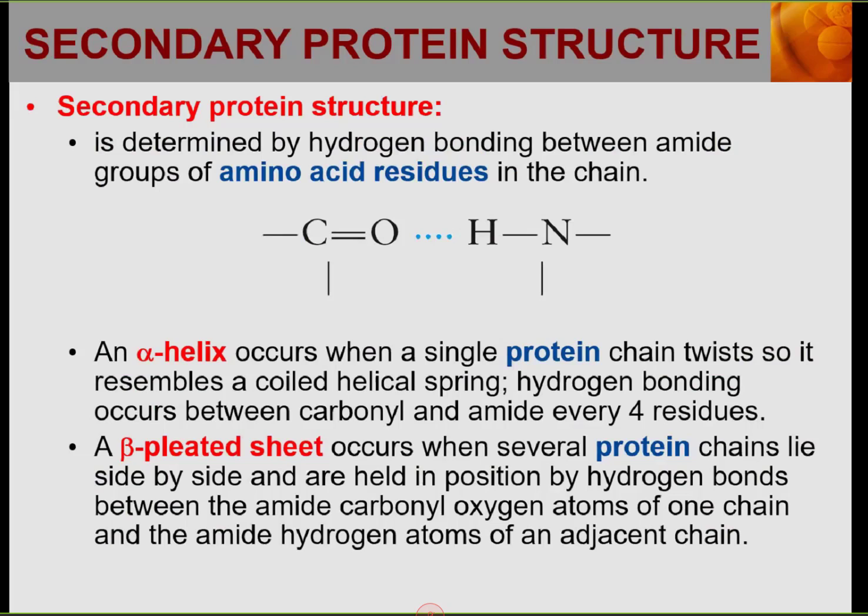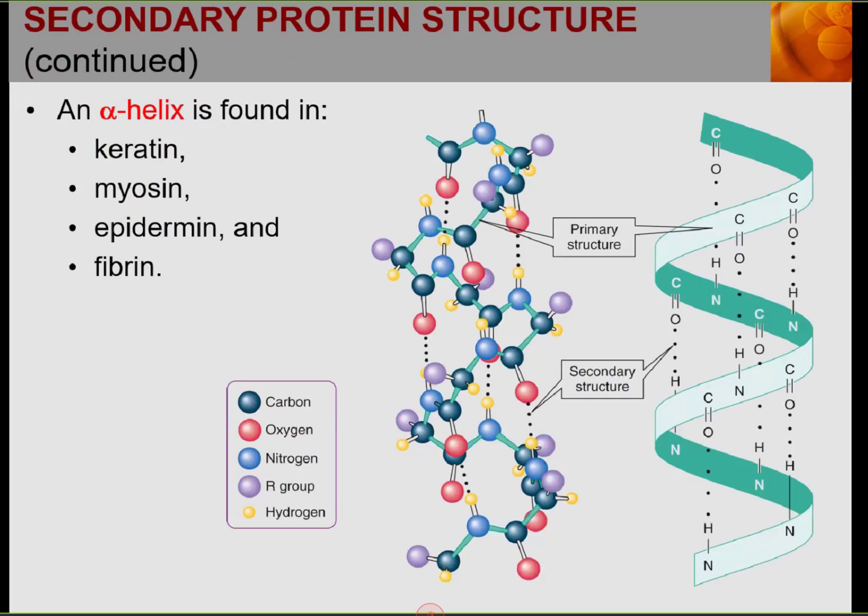So proteins can exist in an alpha helix form and/or a beta pleated sheet. It's better to see these structures on the next screen. So here you see the alpha helix, and I think the structure on the right, they're both the same, but they're just depicting it differently.